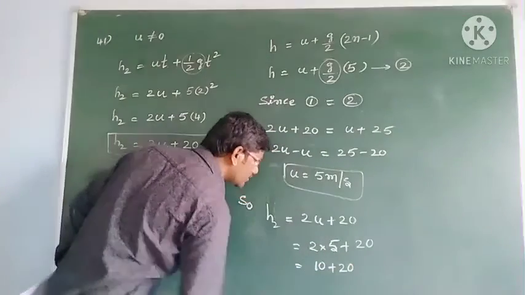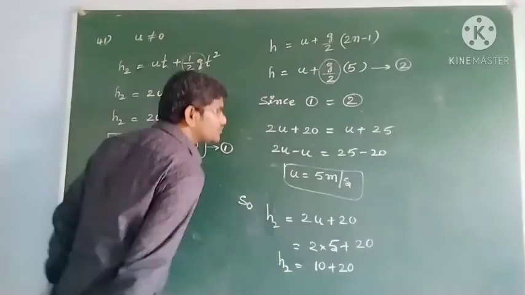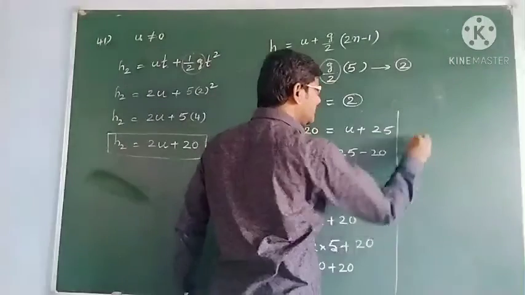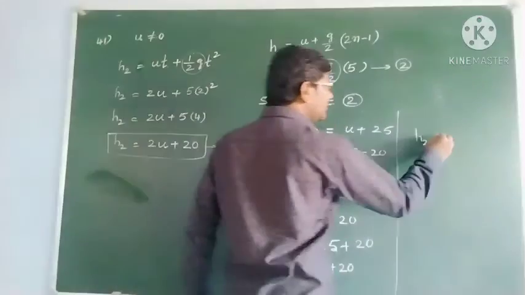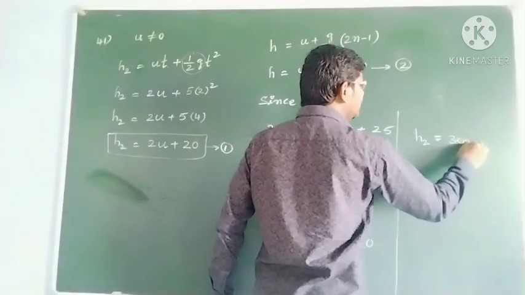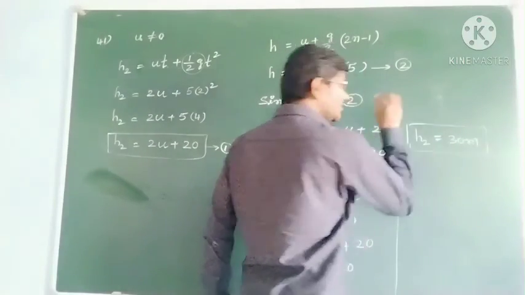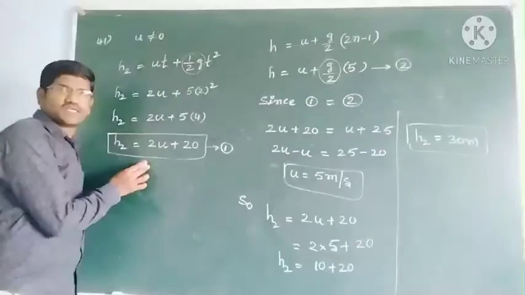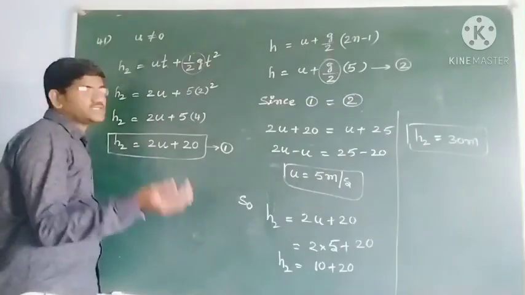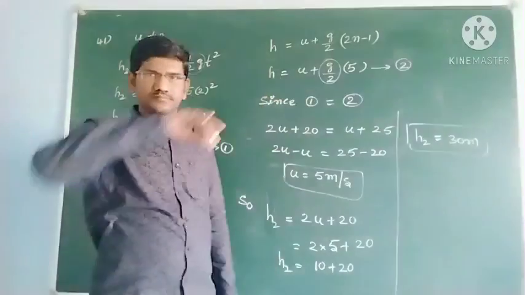So this is the height h2. So h2 is equal to 10 plus 20. You will get 30 meters as the answer. So the height fallen in the first 2 seconds is 30 meters, and in the third second also you will get 30 meters.